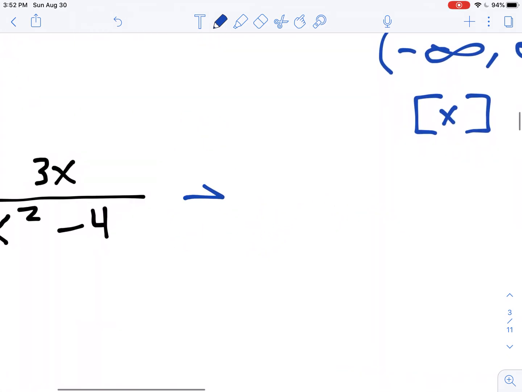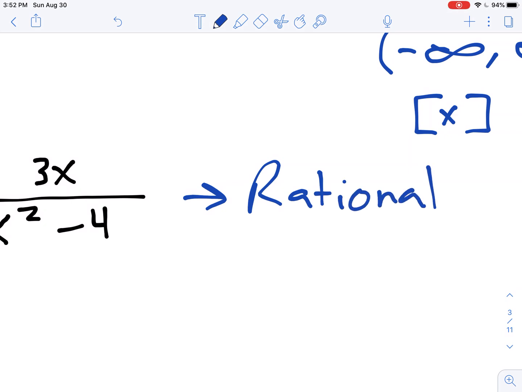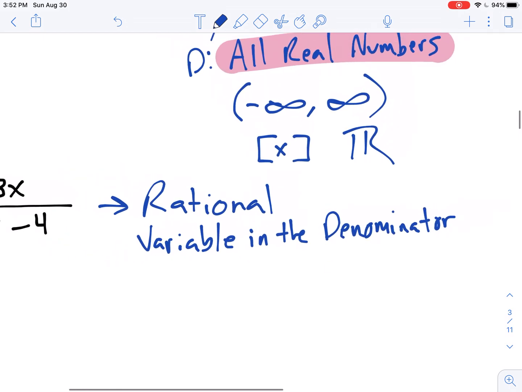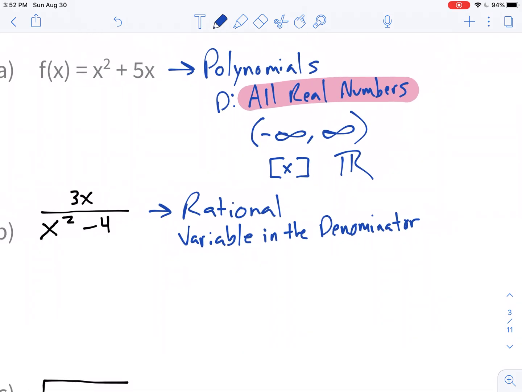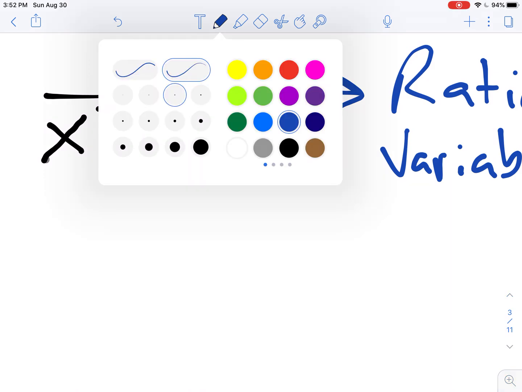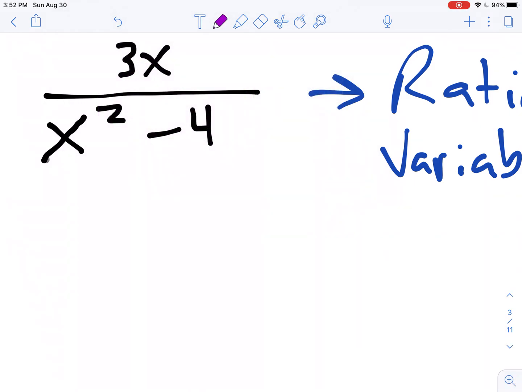Here we have a rational function. And I know it's a rational because I've got a variable in the denominator. And when I have a variable in the denominator, I say to myself, okay, we learned this all the way back in like 3rd, 4th grade.